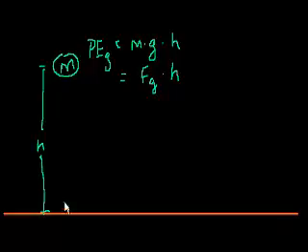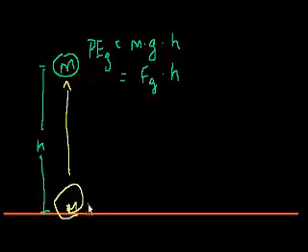Right? And so how much work is required to move that same mass, let's say it was here at first, from a height of 0 to a height of h? Well, the whole time, the force of gravity is going to be F sub g.